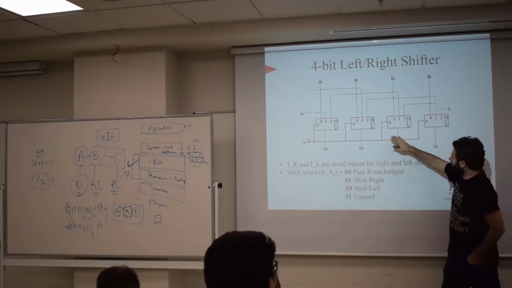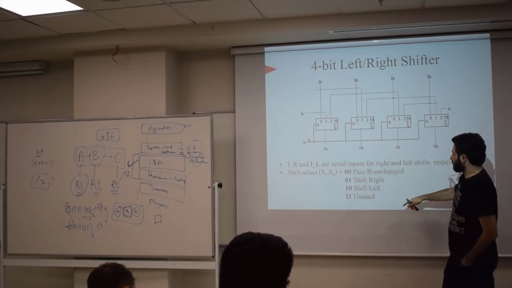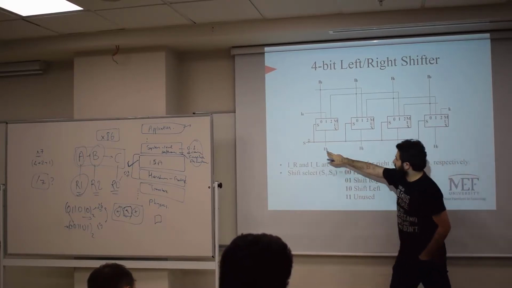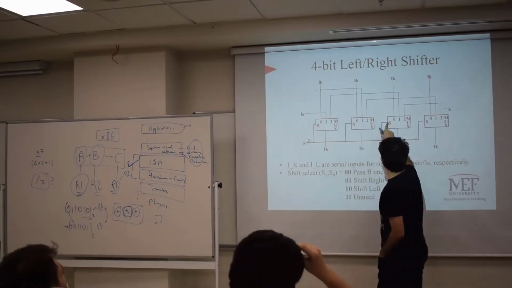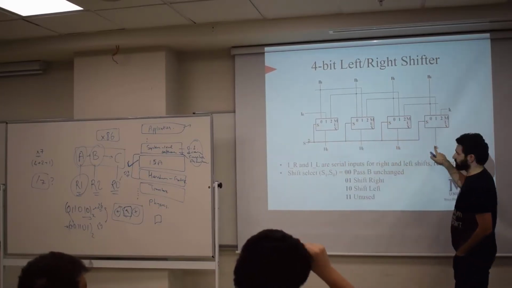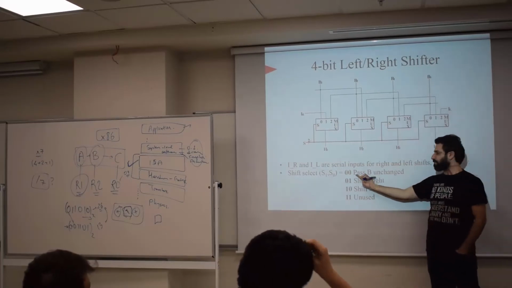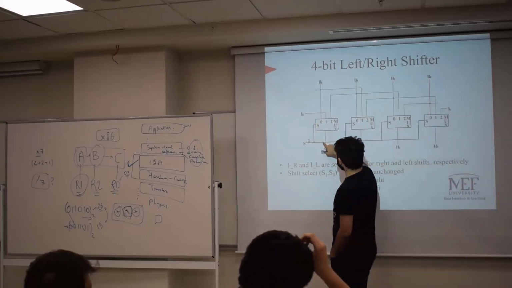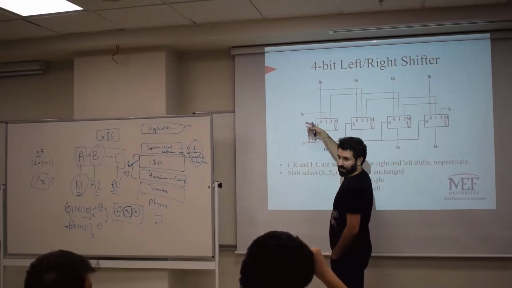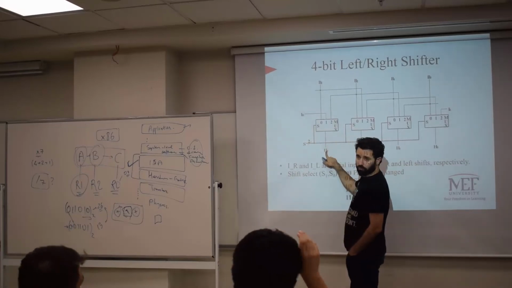So you can see that the muxes are connected in such a way that, for example, if select is 0, 0, that means B3 is here, B2 is here, B1 is here, and B0 is here. That's why I said it stays still. You don't really change it. Pass B unchanged. If it is 0, 1, that means IR, whatever that IR is, coming from the outside, 0 or 1, is going to be your most significant bit.